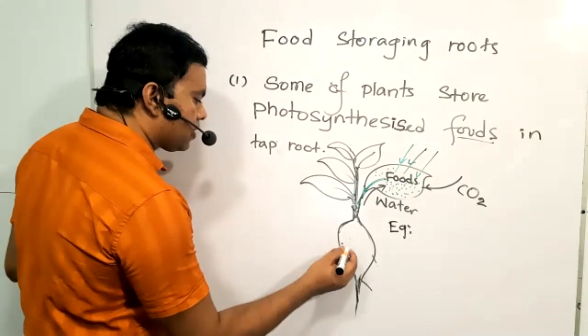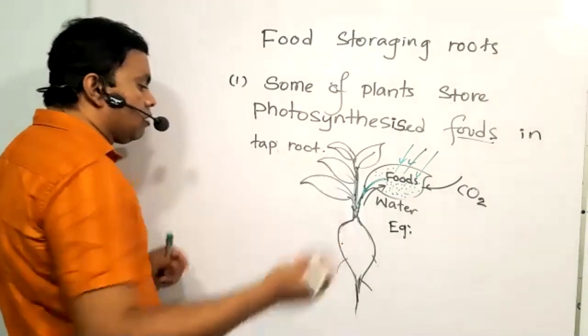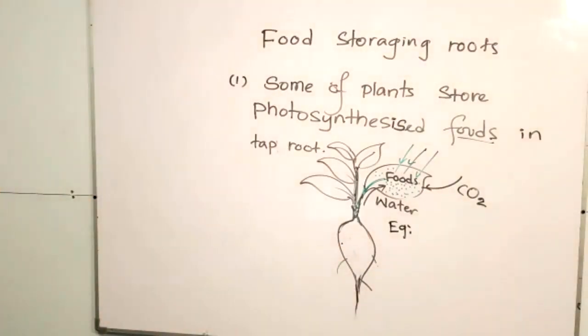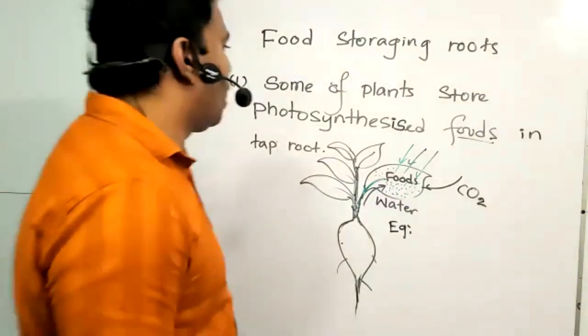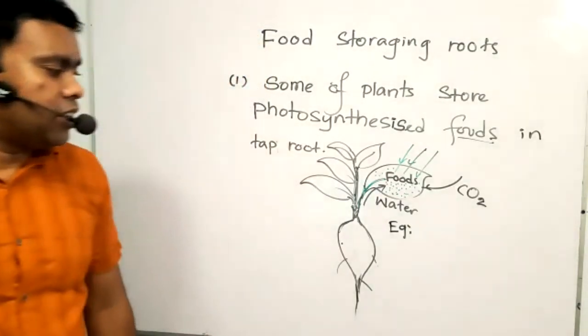Earlier this was a taproot. Now it has become a huge yam. According to the function, these roots are known as food storage roots.